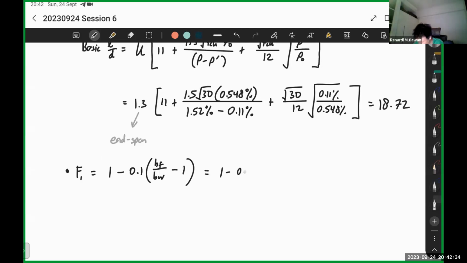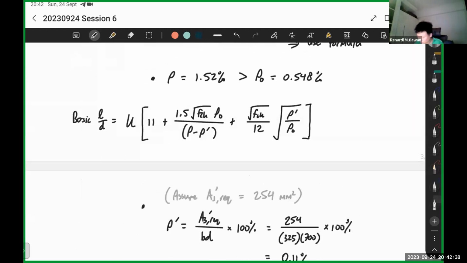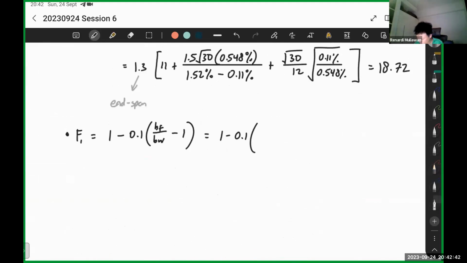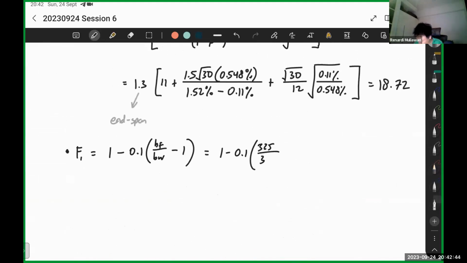In this case, the b are the same because it's rectangular, so it's both 325 over 325 minus 1. If you notice, this becomes 1, so this whole thing becomes 0, including this. So 1 minus 0 is 1.